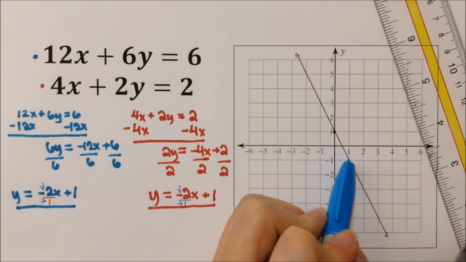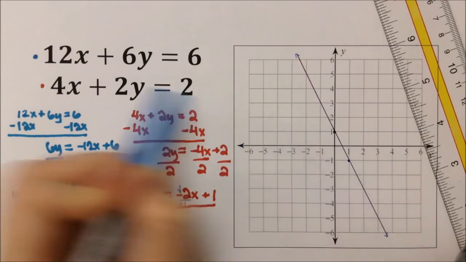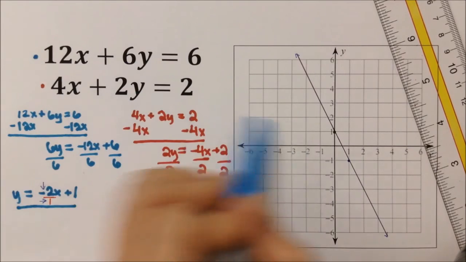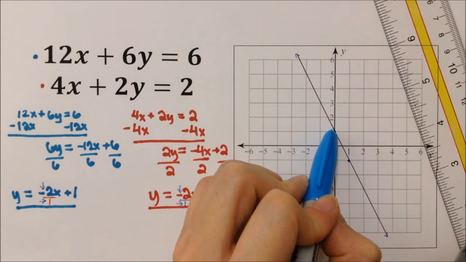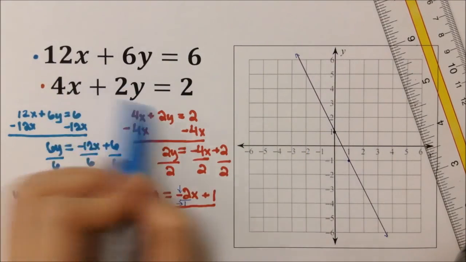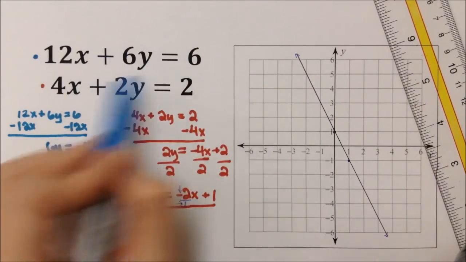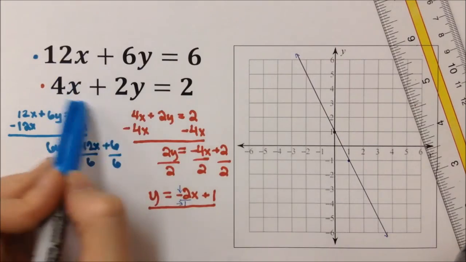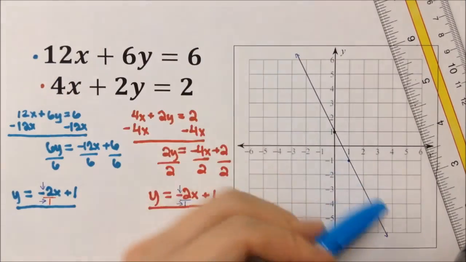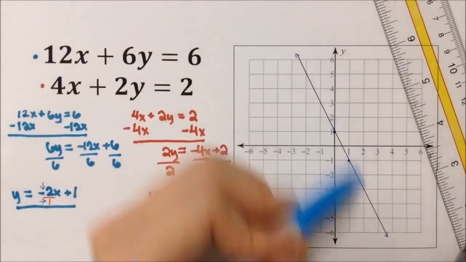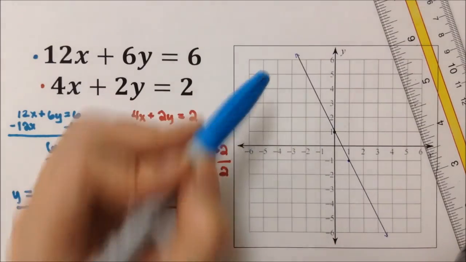I can use this x and this y, and it will work for these two equations. This x and this y, again, works for these two equations. So whatever corner points you find here, you're going to find more than one.